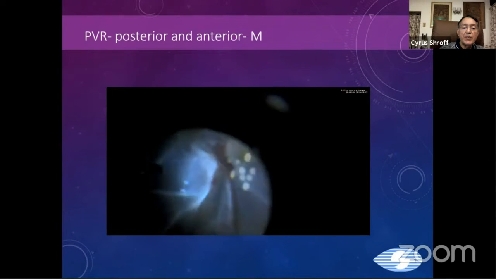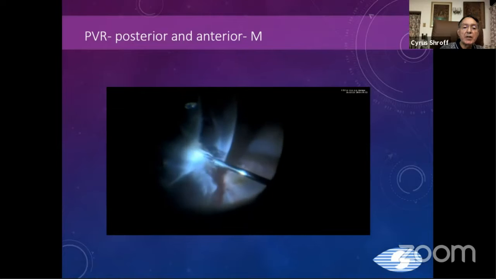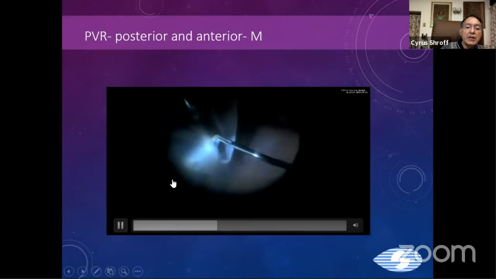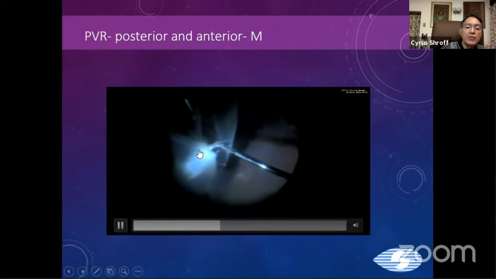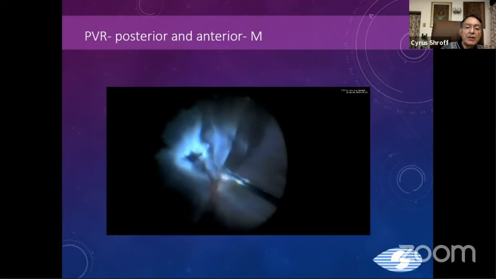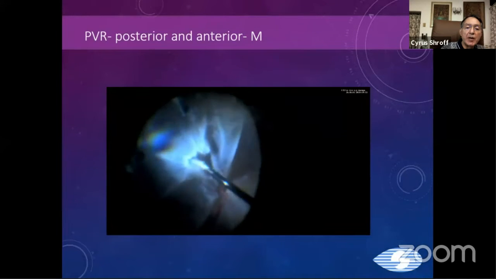Now this membrane is brought up to the equator, up to the vitreous base, which is as far as it will go. Here we see another fixed fold, which is being relieved. And once this is relieved, the retina in that area also becomes much more mobile.